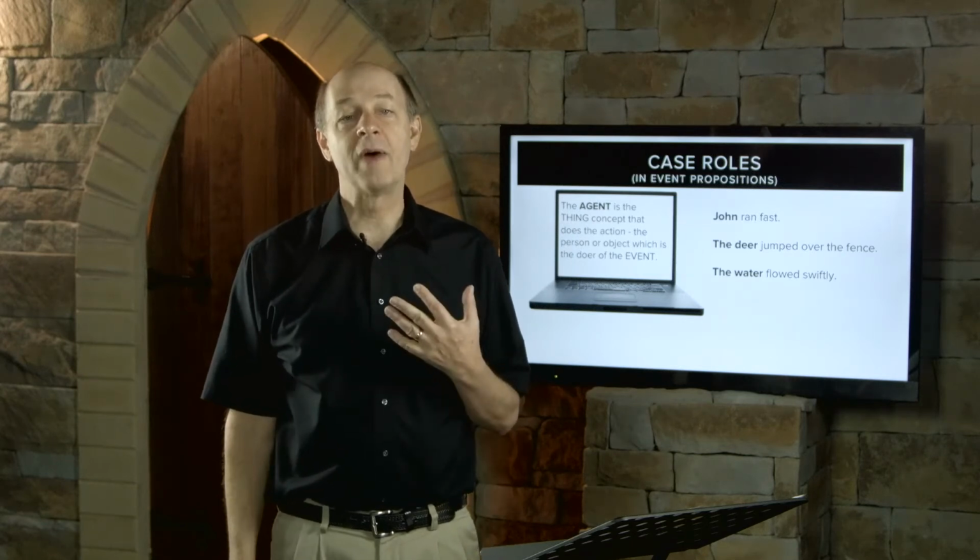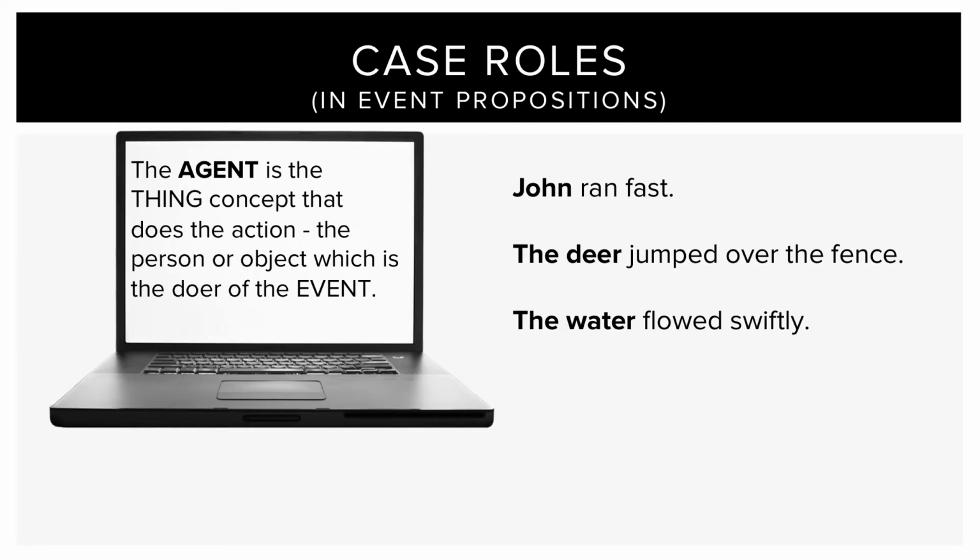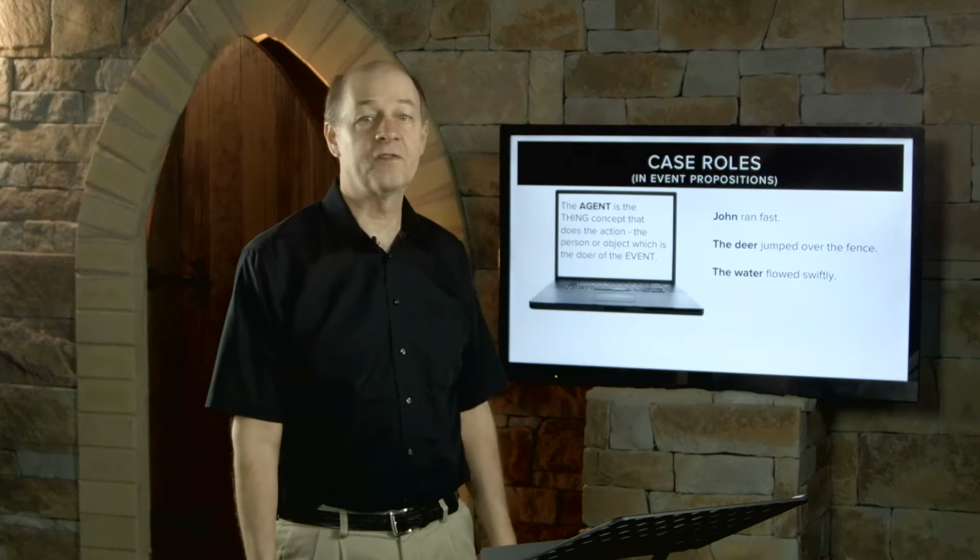So when we talk about the doer of the action, in semantic terms, we call that the agent. The agent is the thing concept that does the action. It's the doer of the event. Some examples here are: John ran fast, the deer jumped over the fence, the water flowed swiftly.